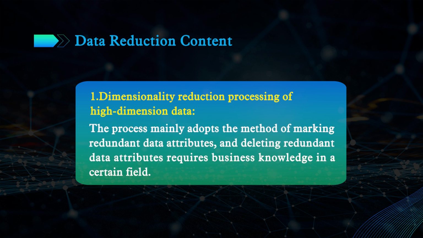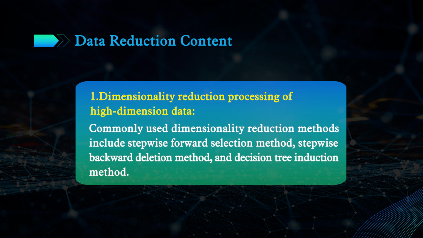The process mainly adopts the method of removing redundant data attributes, and deleting redundant data attributes requires business knowledge in a certain field. Commonly used dimensionality reduction methods include the stepwise forward selection method, the stepwise backward deletion method, and the decision tree induction method.